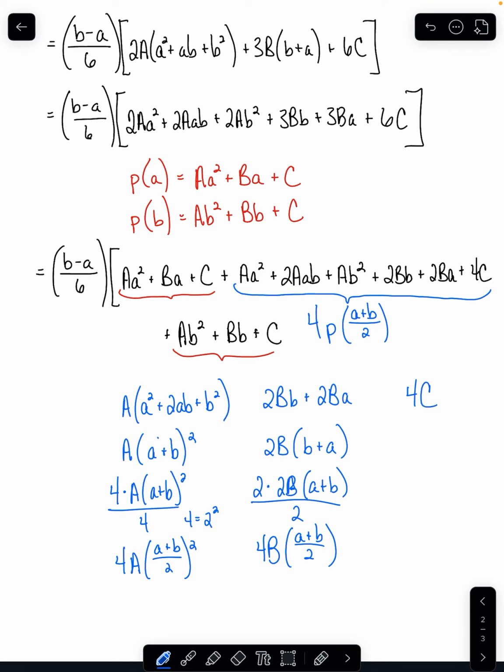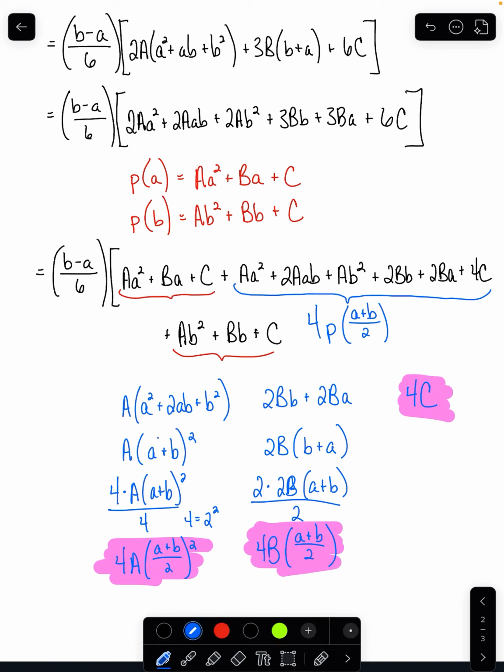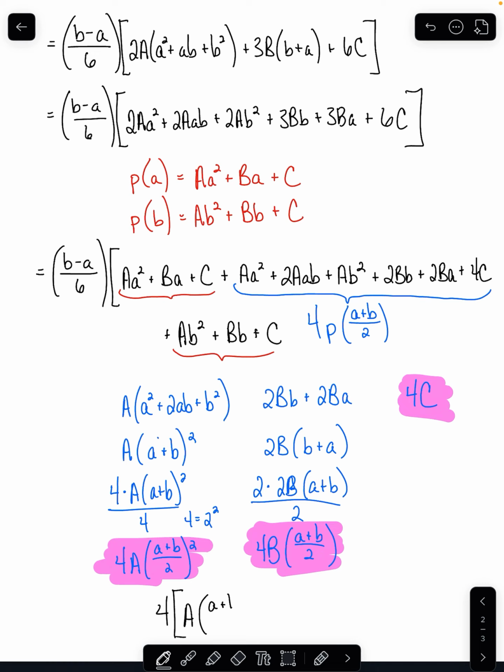So what we have here are our 3 terms that this simplifies into that all have a 4 in front of them. Together, they're going to simplify down to the 4 factored out times big A times little a plus little b over 2 squared plus big B times little a plus little b over 2 plus big C, which is nothing more than the polynomial evaluated at little a plus little b over 2.